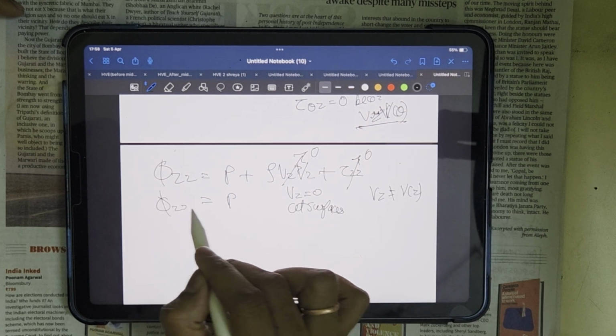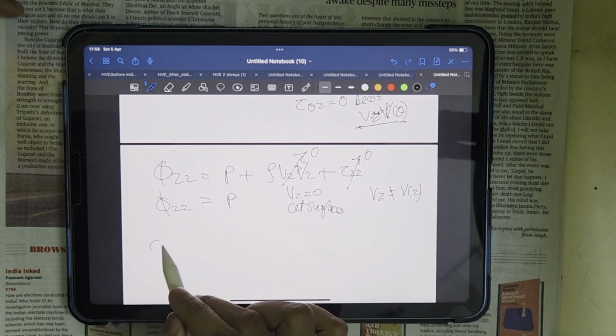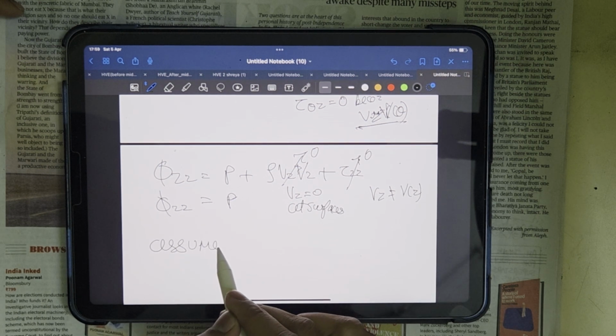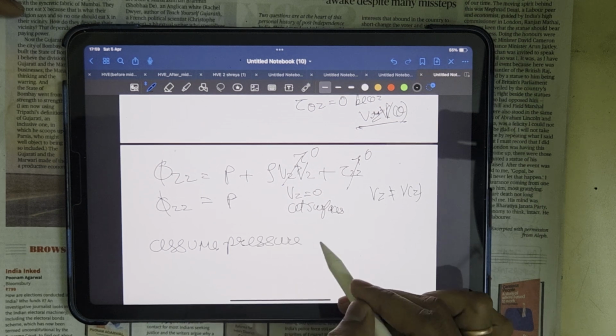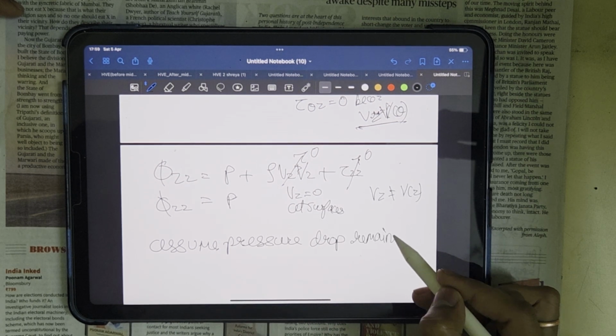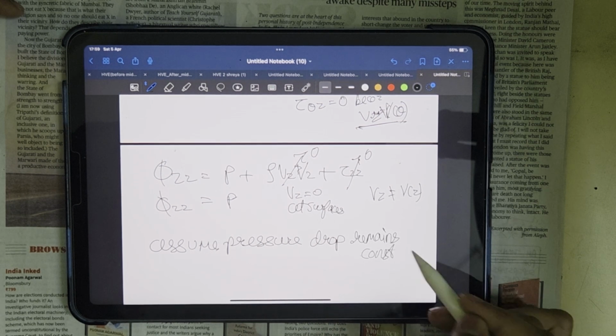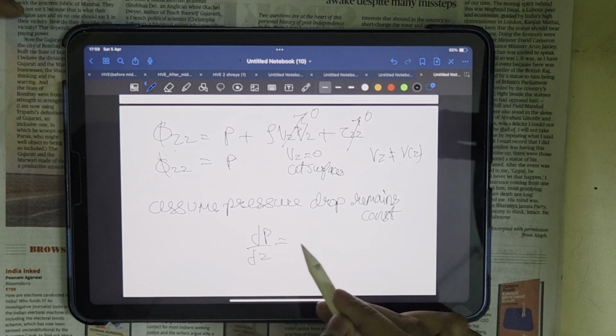So phi z is equal to p. We assume that the pressure drop remains constant. Hence dou p by dou z is equal to delta p by L.